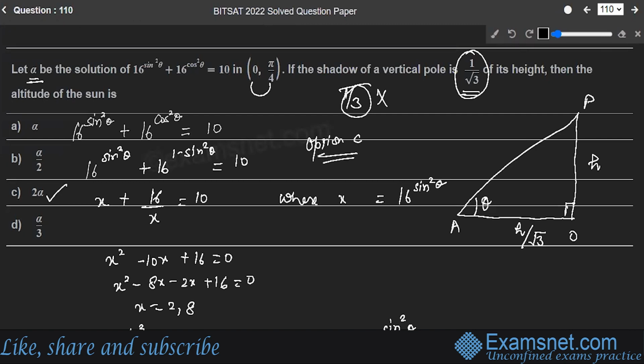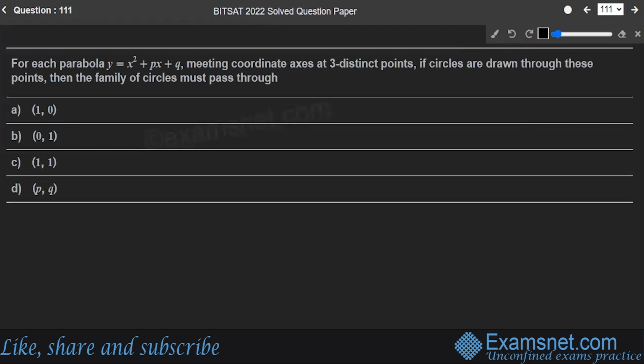Hope you understood that. Next is question number 111. For each parabola y is equal to x squared plus px plus q meeting the coordinate axis at 3 distinct points, if circles are drawn through these points, then the family of circles must pass through. Okay, so you have the parabola y is equal to this.